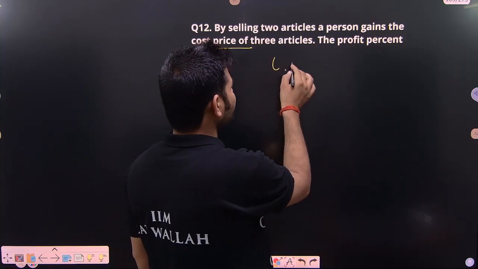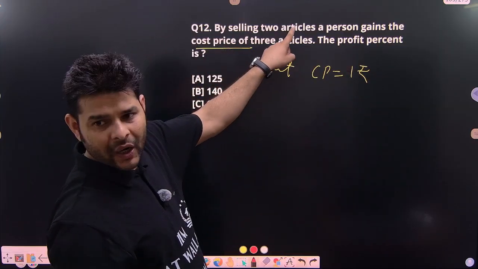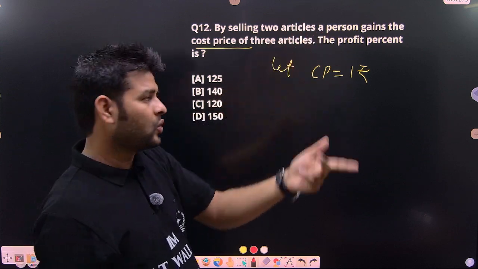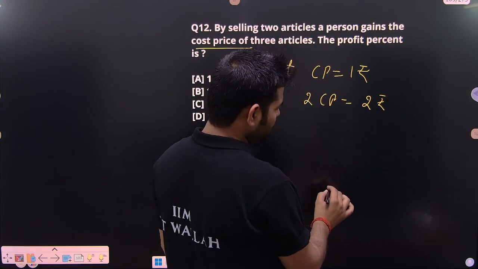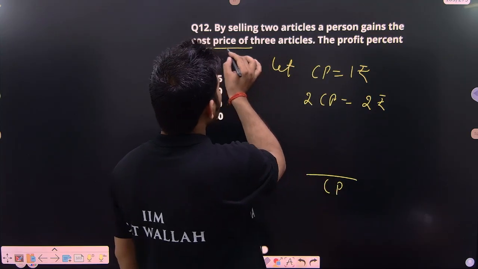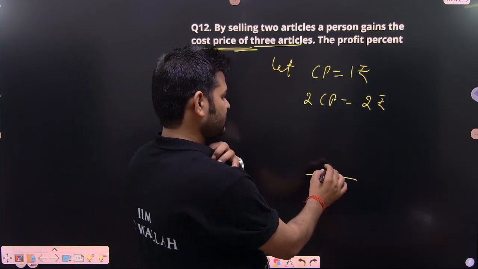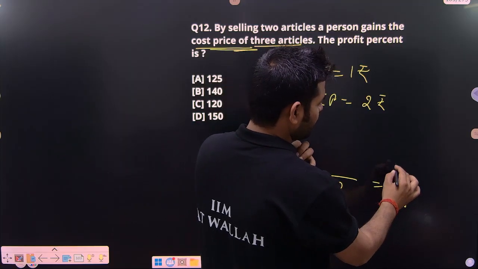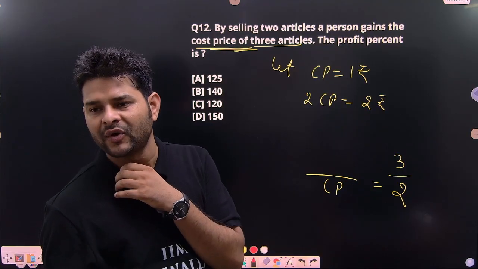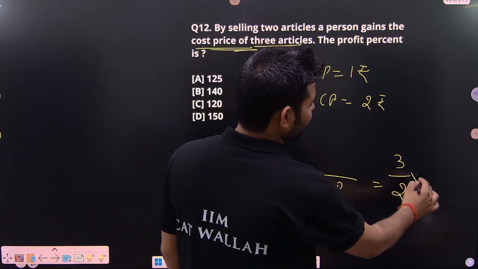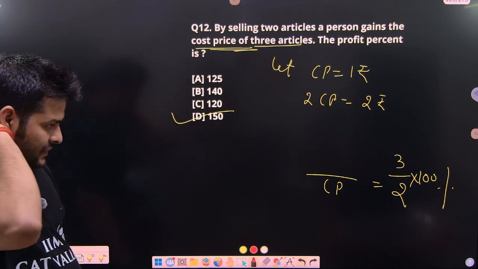One article cost price is rupees 1, so the cost price of 2 articles would be 2 rupees. And we have a gain of three articles, which means 3 rupees. So on rupees 2, we have gained a profit of rupees 3. If you calculate the percentage, you will get 150%.